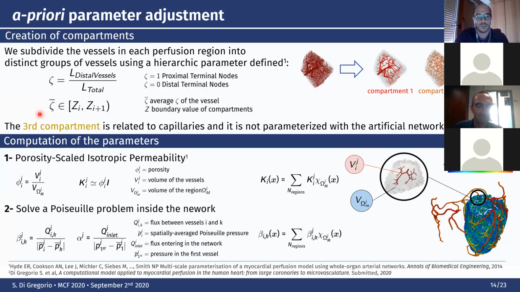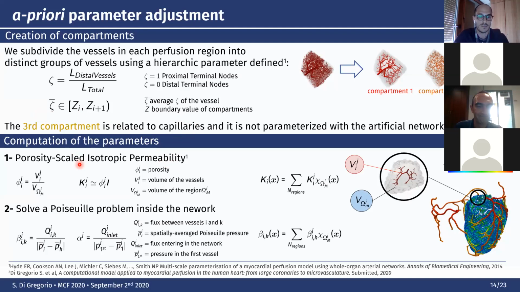Then we compute the first estimation for the parameters. For the permeability, we use a porosity scale isotropic approach, which means that the permeability is proportional to the porosity and it is isotropic, and the porosity is estimated as the ratio between the volume of the vessels over the volume of the perfusion regions.